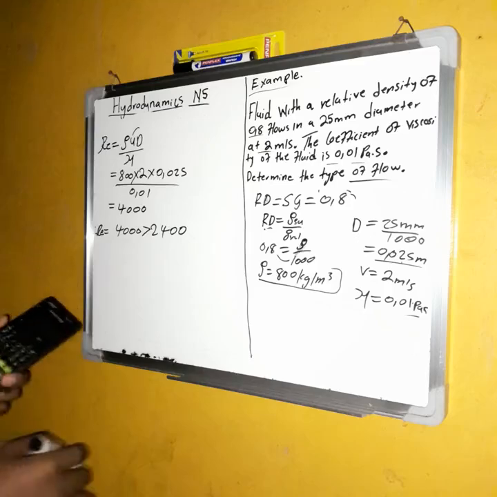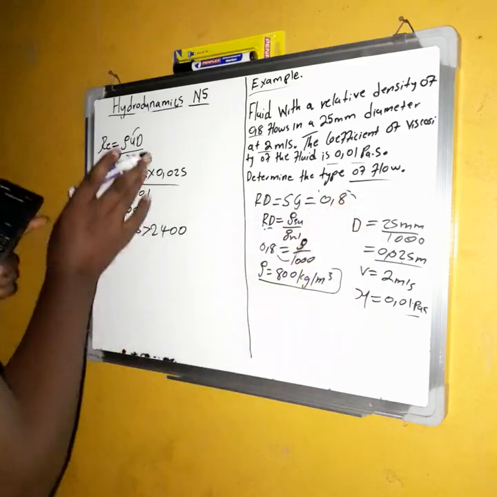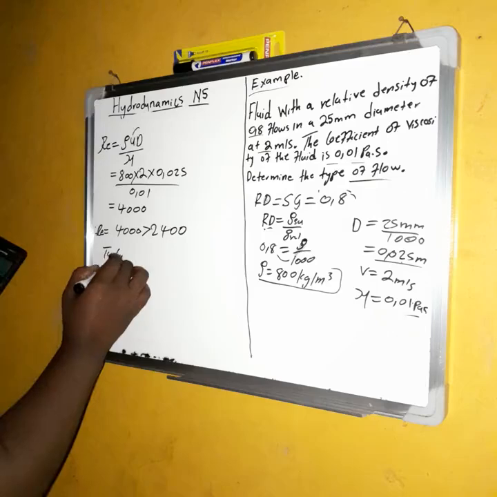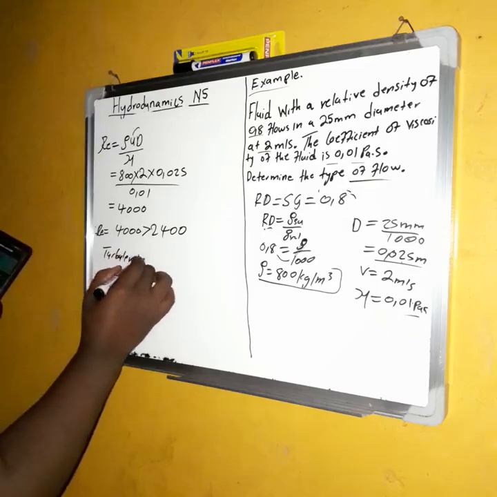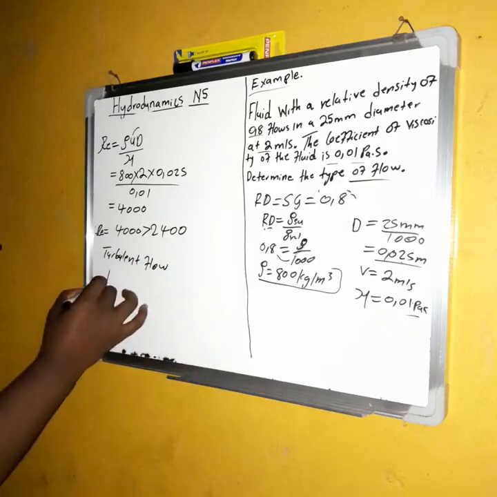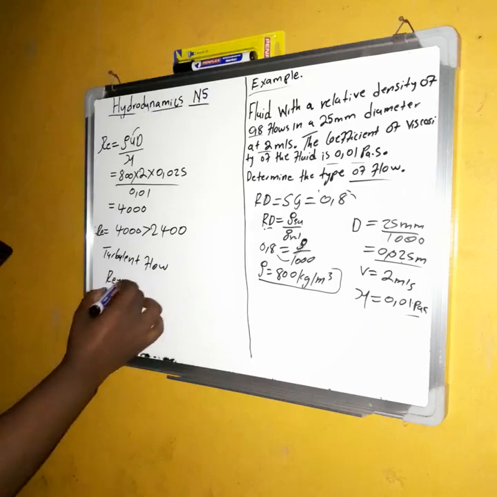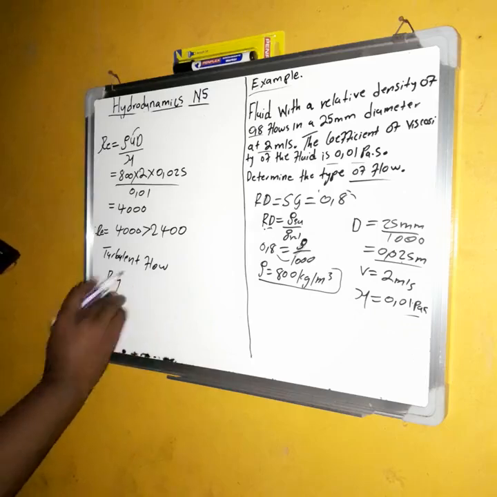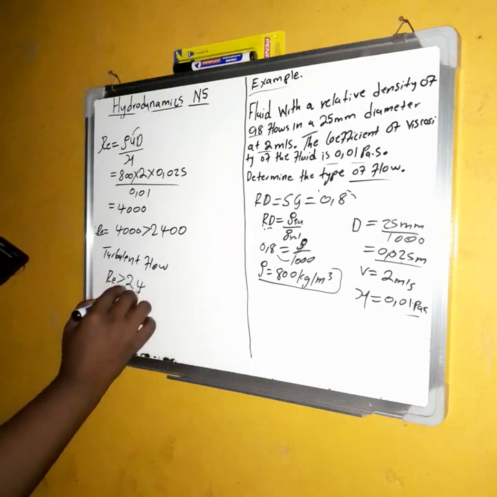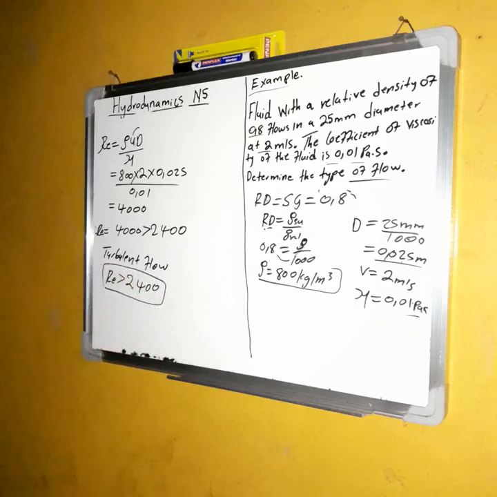Since 4,000 is greater than this, we can completely say this is a turbulent flow. Why? Our Reynolds number is greater than 2,400, so this will be a turbulent flow.